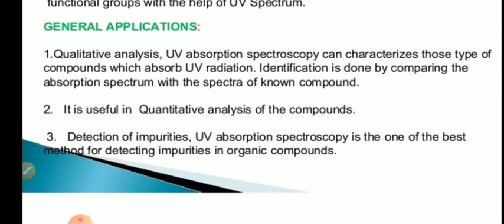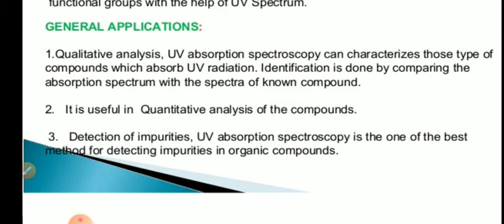See, the UV or visible absorption spectrum is a very characteristic feature of any compound which absorbs UV or visible radiation. So the absorption spectrum of a particular compound is characteristic of that compound, and hence it helps in the identification of the compound, whether it is present or not.